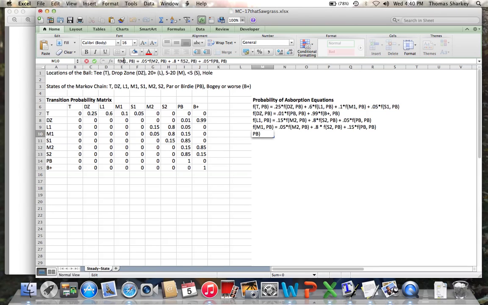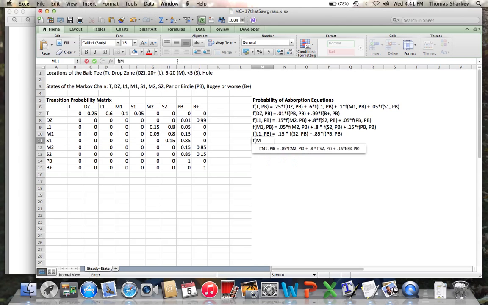So now we can look at L1. For L1, we cannot transition to the M2 state, but we can end up in the S2 state, and we end up in the S2 state 15% of the time, and then 85% of the time we end up holding out. So a little bit simpler, and we're getting towards the simpler set of equations.